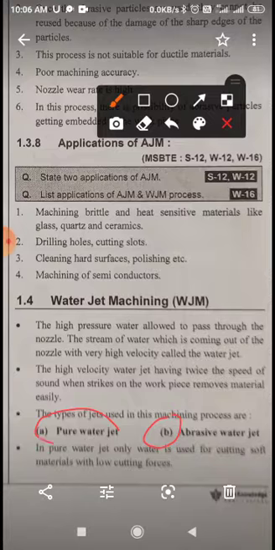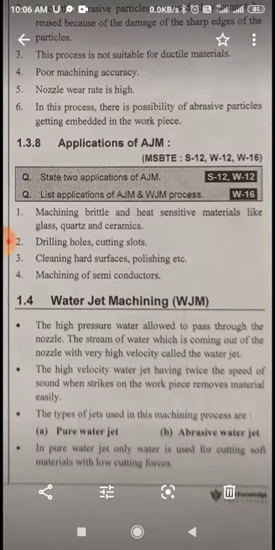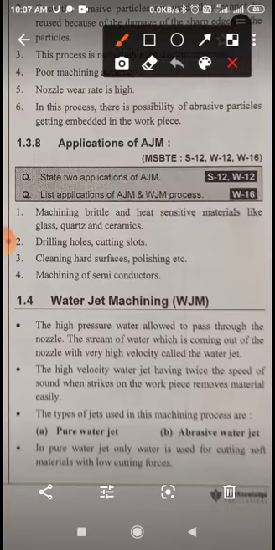And in the other, pure water is used. There are two methods: pure water and abrasive water jet. Now in pure water jet, only water is used for cutting soft material with low cutting forces. You can see which material you cut with the help of this machining process: softer material.